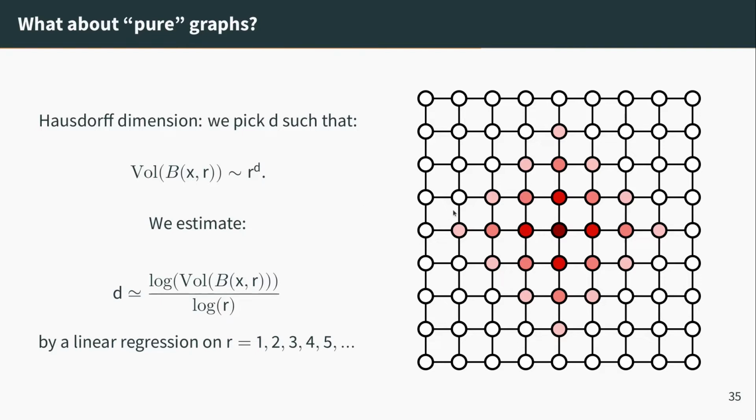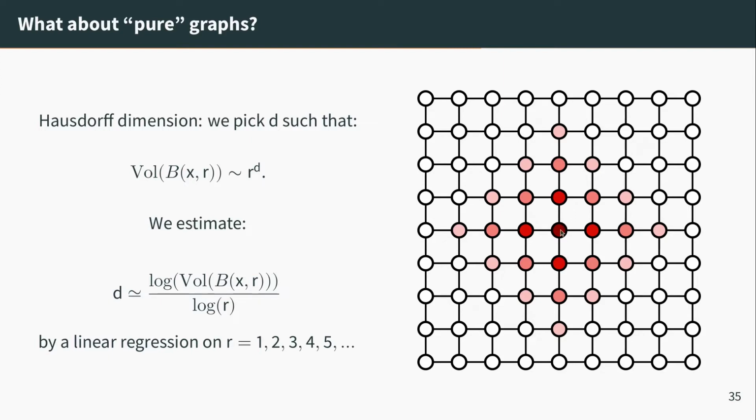So here I have a graph. Clearly, it's a two-dimensional grid, and a ball centered around x of radius 0 contains just one node. A ball centered around x of radius 1 contains 5 nodes.